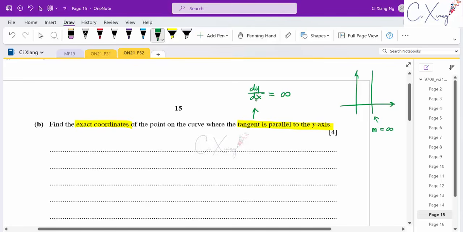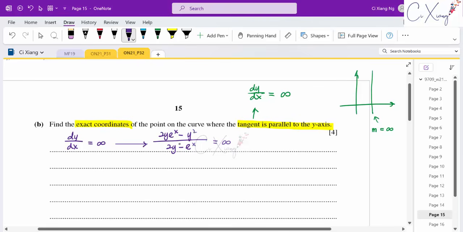So let's link back to our result. We already found dy dx in the first part. So I will write here, dy dx equals to infinity, which also means the result we got in the first part, 2y e power x minus y power 2 divided by 2y minus e power x, equals to infinity.